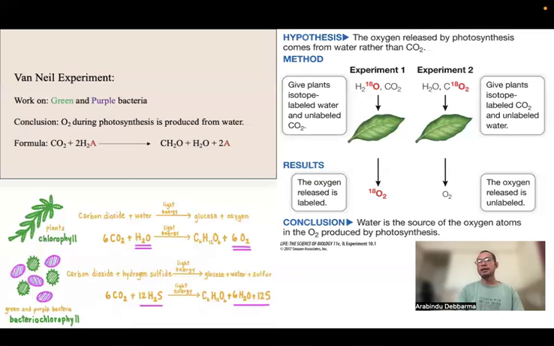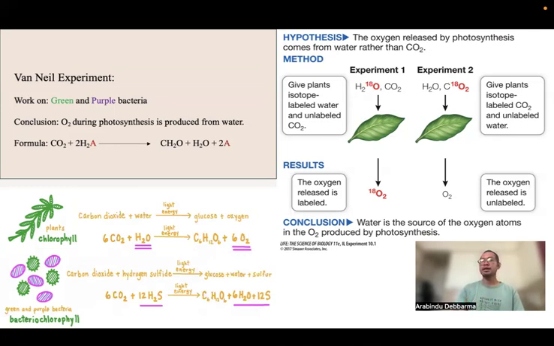On the other hand, in experiment two, they radio-labelled the oxygen of carbon dioxide, but this time the oxygen of water was without any radio label. And when they checked the oxygen produced after photosynthesis, it was without any radioisotope label.